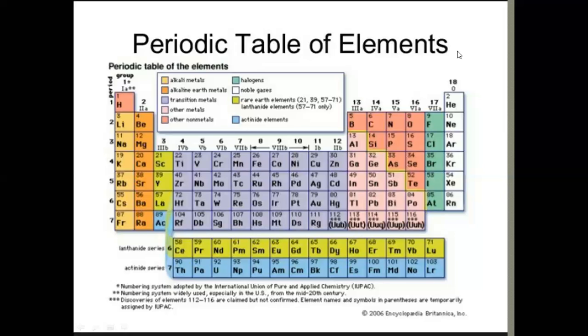In 1800, 31 elements were identified and by 1865 it became 63 elements. Now 118 elements are discovered. How these elements are classified and arranged, as proposed by various scientists, we will learn about in this unit.